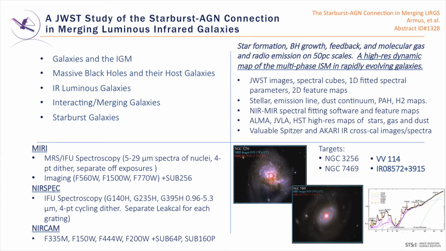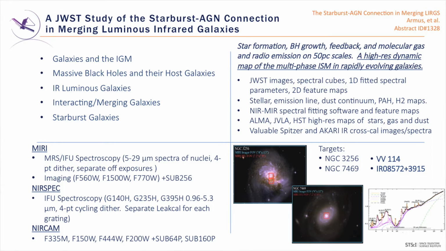So I tried to summarize our program in this one slide here. We're looking at 4 objects in the nearby universe at low redshift, all selected from the GOALS survey to cover a range of properties with starburst nuclei, AGN nuclei, and starburst and AGN nuclei.